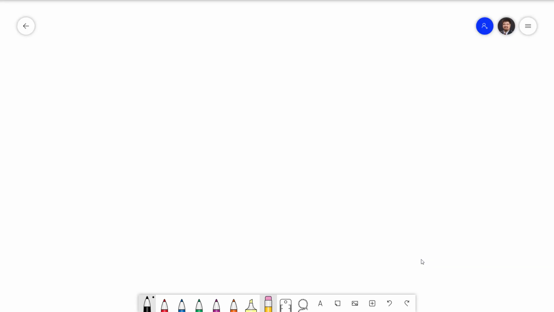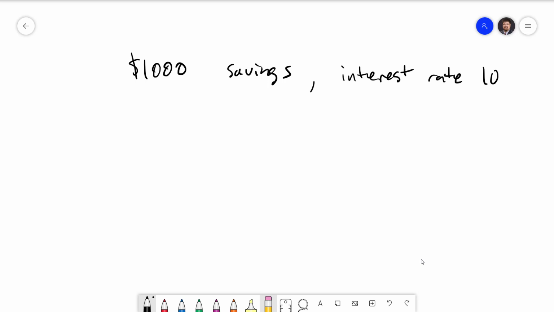The last application we're going to look at for the CPI is calculating a real interest rate. Inflation affects the rate of return of saving money. Suppose we were to save $1,000 in a bank account. Suppose also that that bank account has an interest rate of 10%.